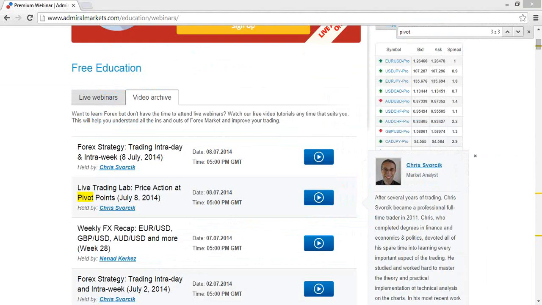But setting up the indicator itself is not so difficult. You just go to your platform. You have to place that indicator in the appropriate file by going to File, Open Data Folder.